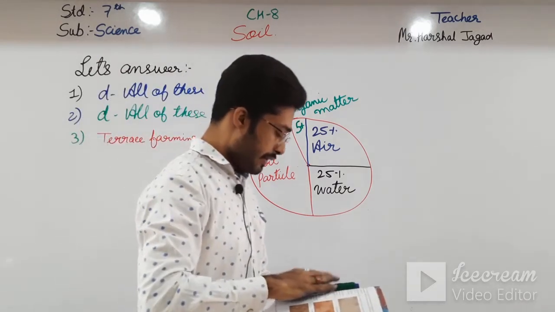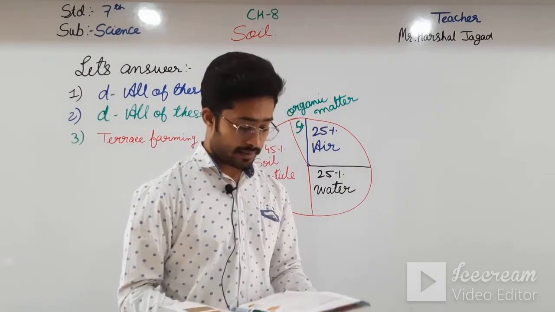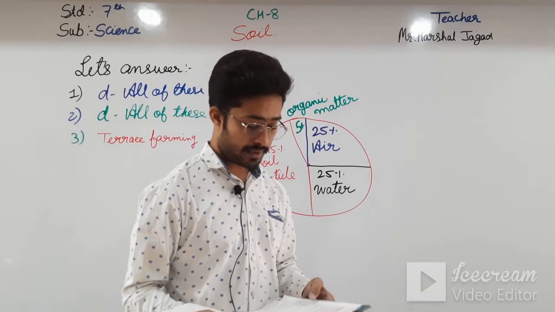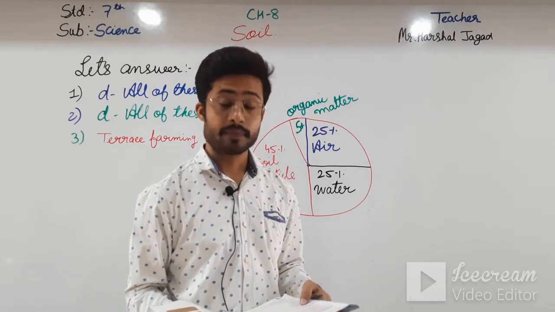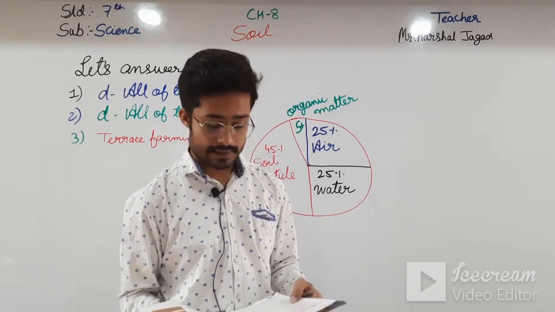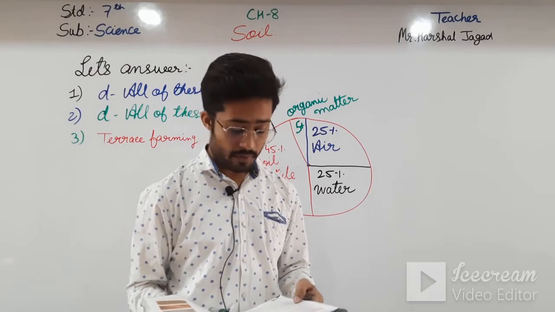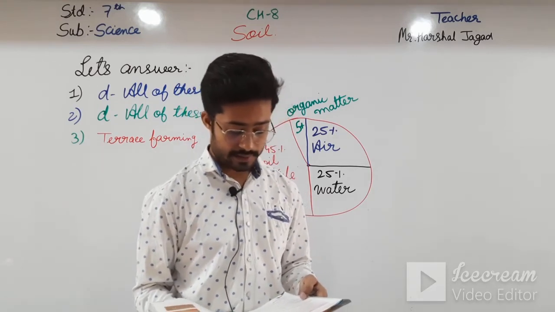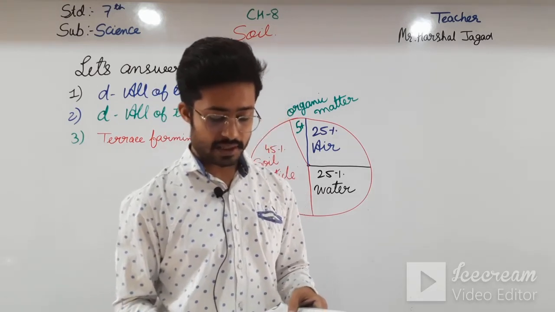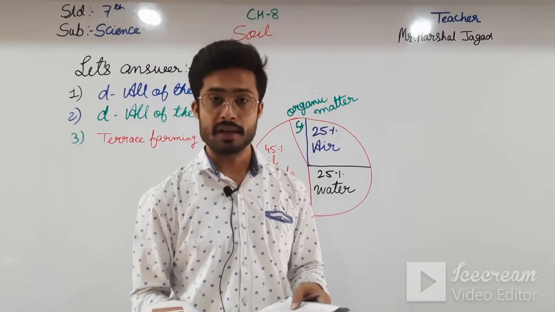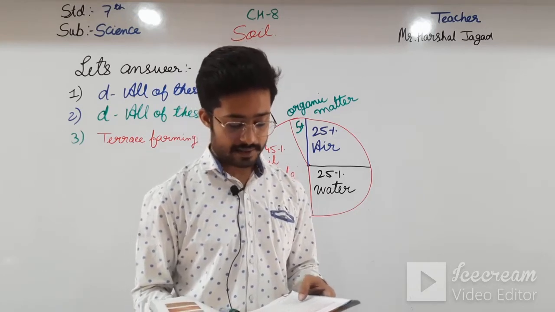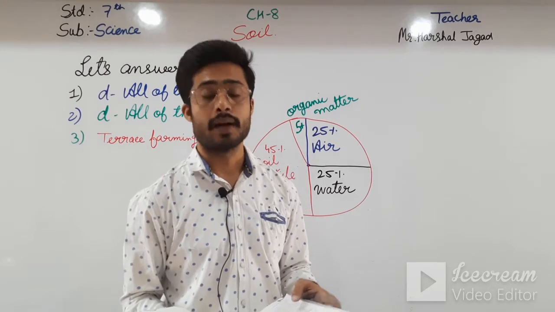See here, soil essentially consists of four main constituents: soil particles such as sand, clay, silts and pebbles; organic matter, humus; water present in between and on top of soil particles; and air present within the soil particles.